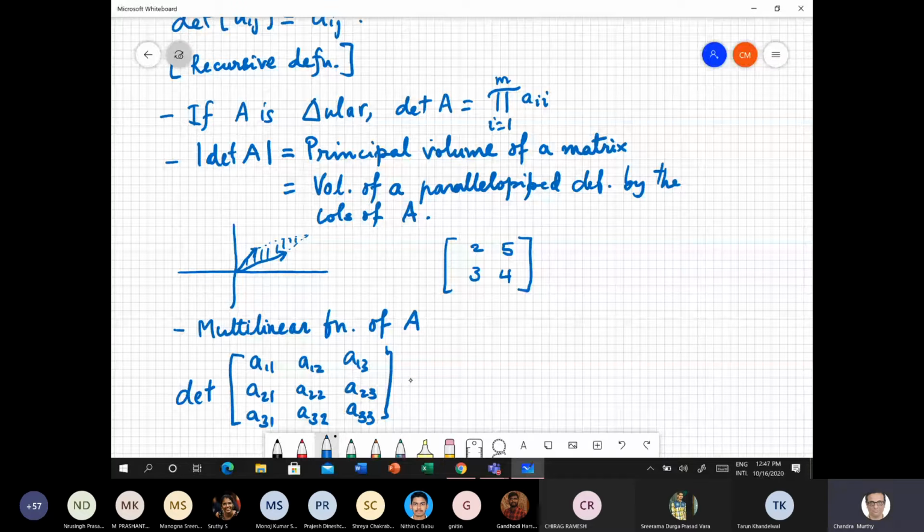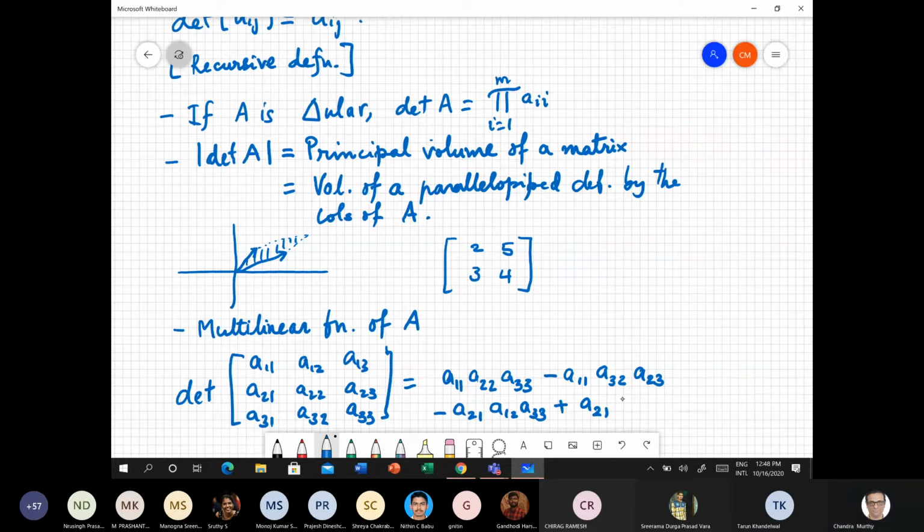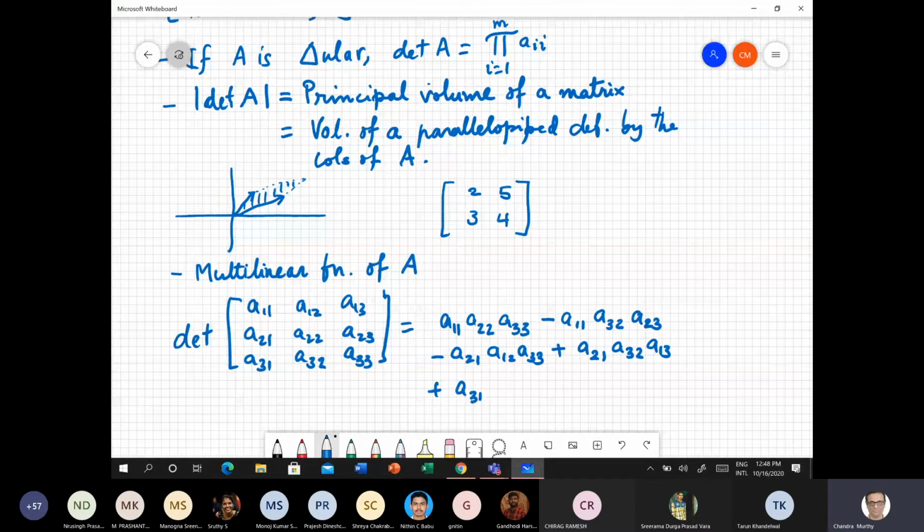So the determinant of this is equal to A11, A22, A33 minus A11, A32, A23 minus A21, A12, A33 plus A21, A32, A13 plus A31, A12, A23 minus A31, A22, A13.